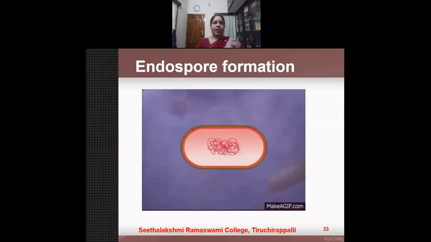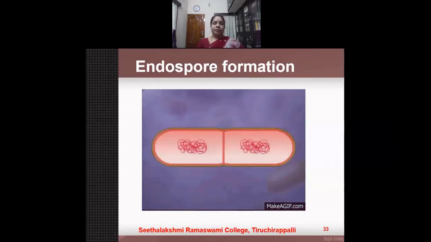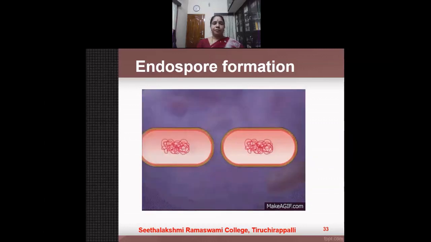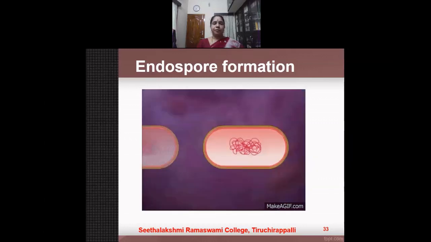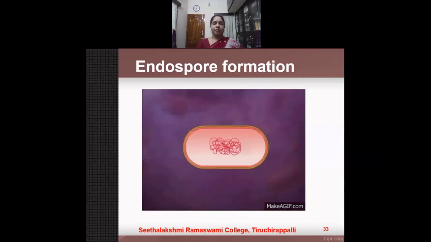You can now watch the endospore formation in the bacteria. You can see the endospore that is formed within the body of the bacteria.